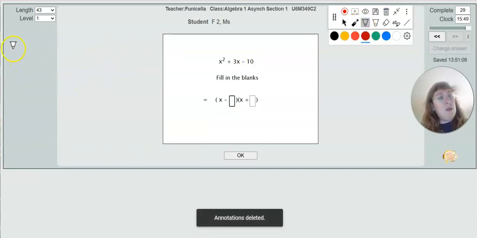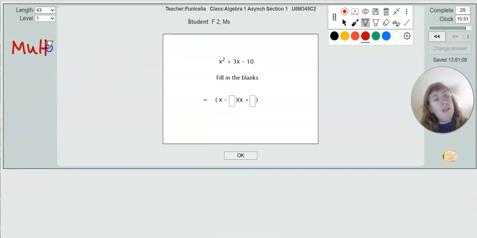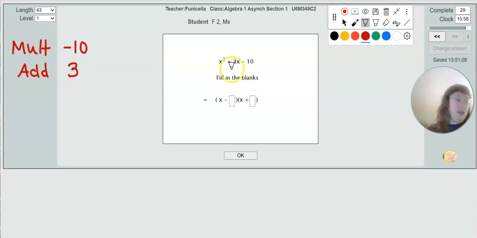For this one, we want two numbers that multiply to -10 and add to a +3. So you want to find numbers that have a difference of 3, right? Like 10 times 1, that has a difference of 9 or 11, so that's not going to work. But when we think about 5 times 2, that has a difference of 3, so there's probably a way we can get it to add to 3.